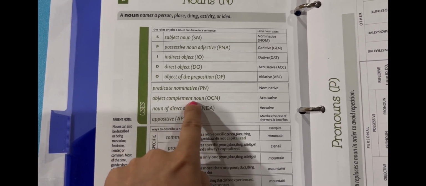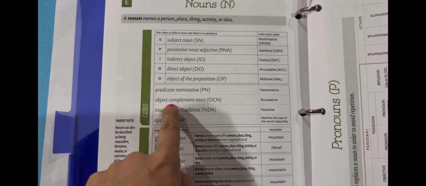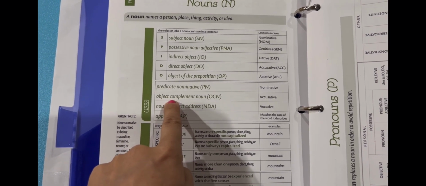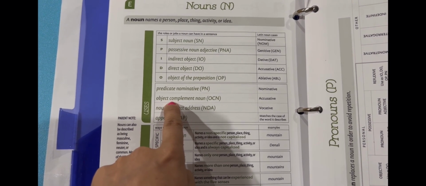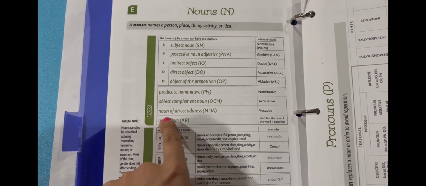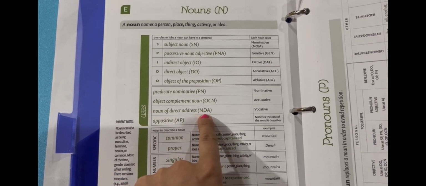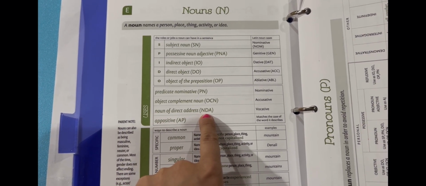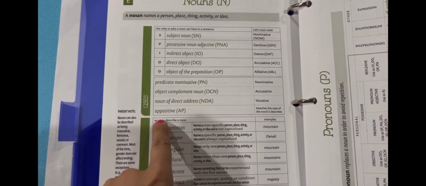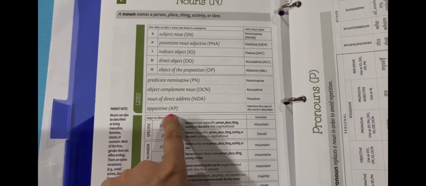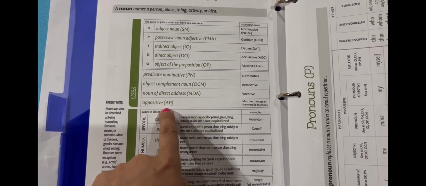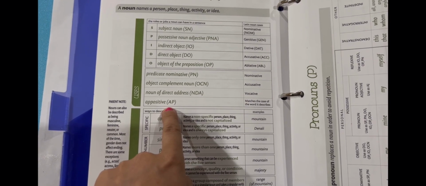An OCN is a noun, adjective, or phrase which adds info about the direct object and always comes after the direct object. Object complement noun. A noun of direct address is used to call upon a person and is set off by one or more commas. Yes, ma'am. Yes, sir. An appositive is a noun or pronoun directly beside another noun that explains or identifies it.